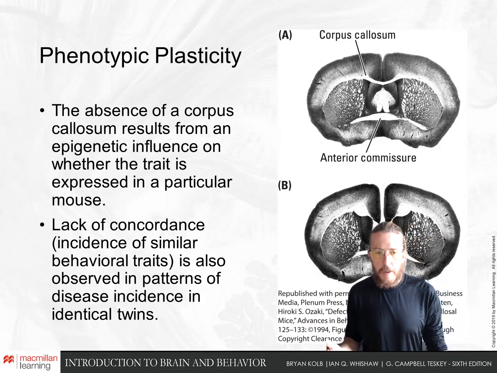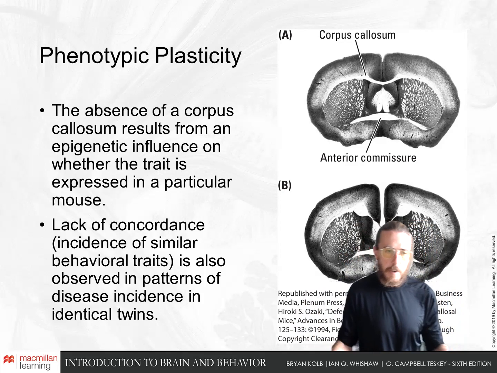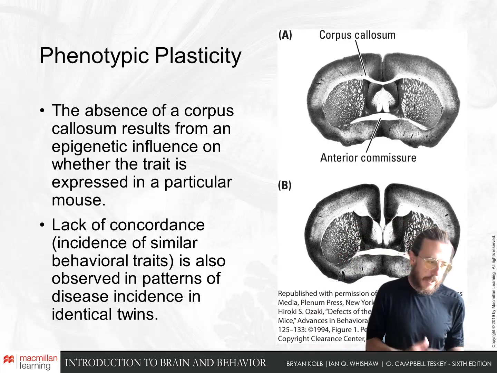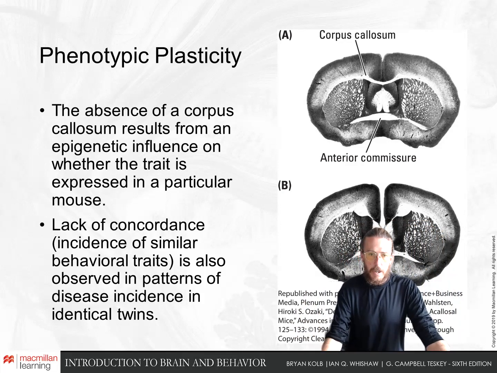Another way we know that this is true is that identical twins, which share a genome in common with one another, have a lack of perfect concordance in things like breast cancer and skin cancer, showing that the environment that they grow up in has a large impact on their outcomes, not just their genes.